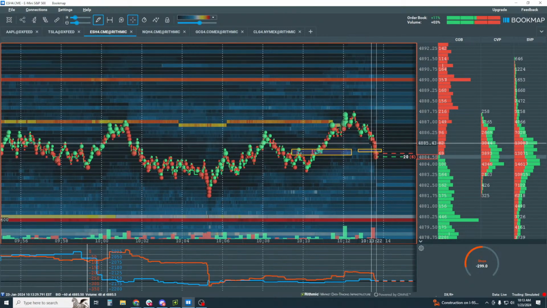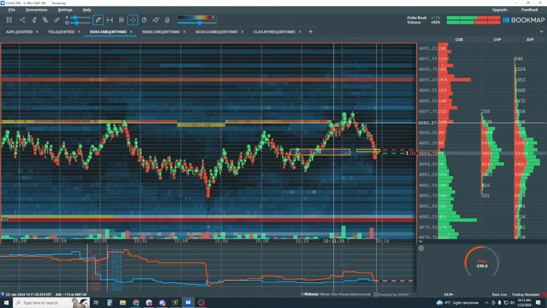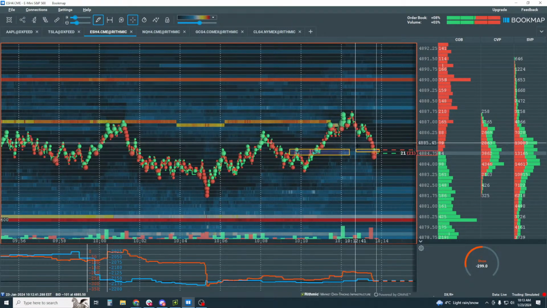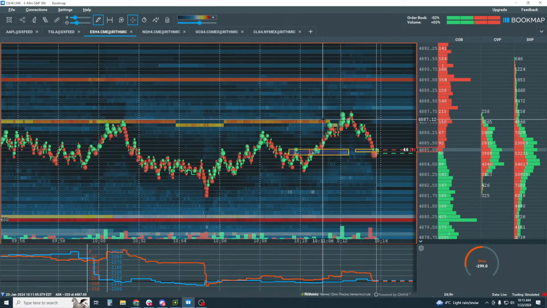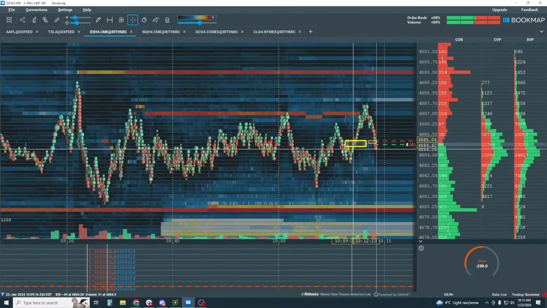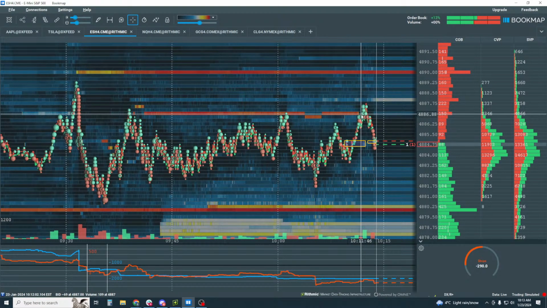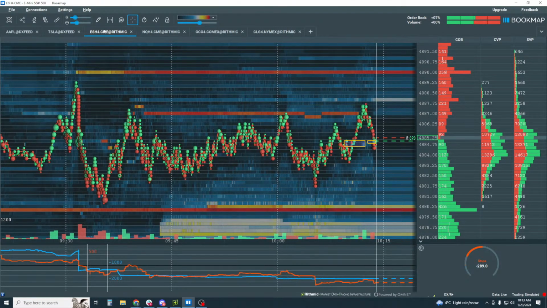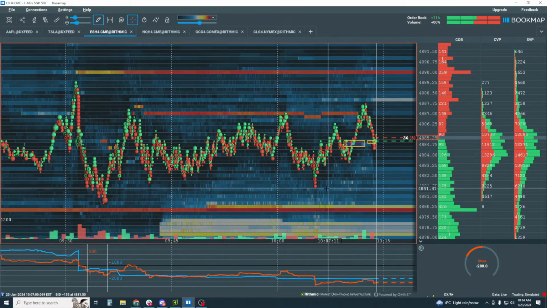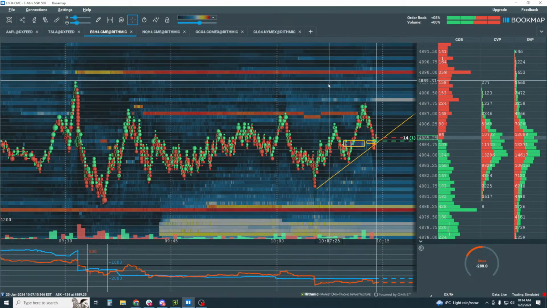Okay, now the problem with this here, and it's just a consideration, you took some off, look for the next one. Okay, great. However, in this one, if you're looking for a stronger move from kind of the inside out, and you still believe in this trade, then there's another consideration for your trade management, right? So it would be something like this. Let me cover that, and you would still be in this trade.